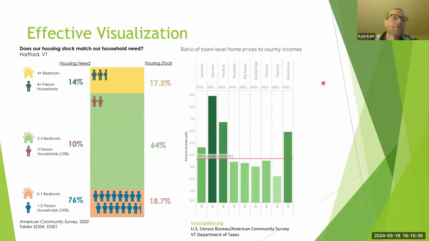That's essentially saying how much is a home in the town and is it affordable based on that county income? And it gives you this nice line, the affordability limit. So you can really make a comparison across different towns and look at how affordable housing is. You get above that affordability limit, and the higher you go, the less affordable it is in that town.